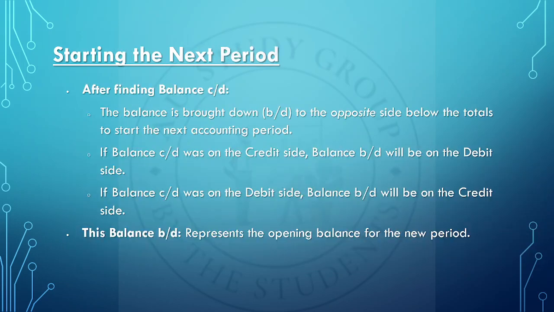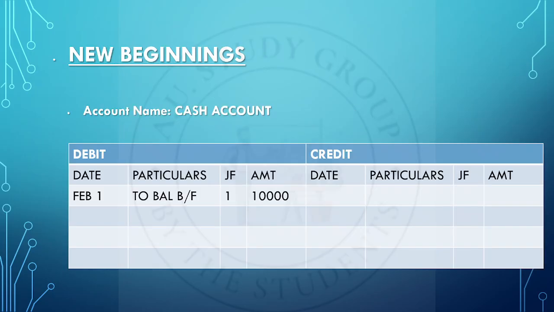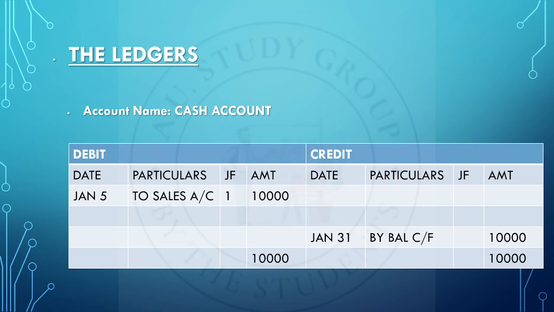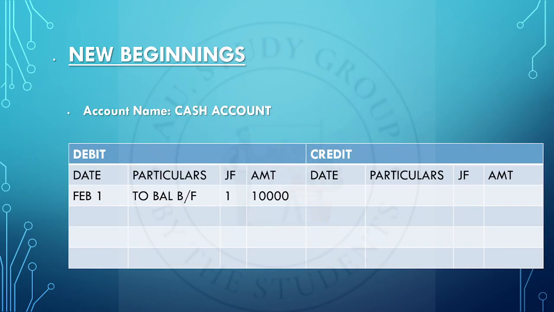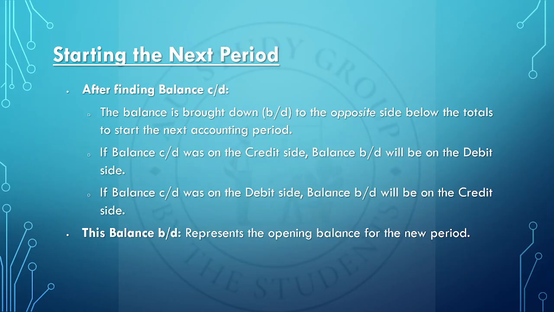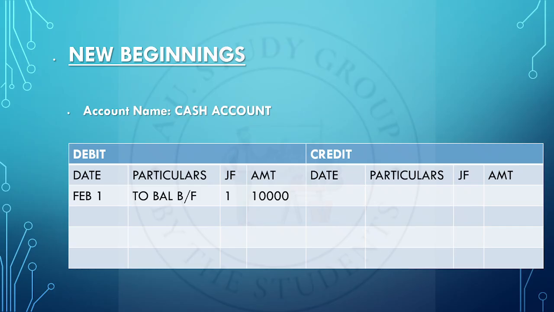Same thing, if the sales account is closed on the credit side, we open it on the debit side. Opposite side we write it. Now that basically represents the opening balance for the new period. So the opening balance of cash account is 10,000, right? That is how it will come.